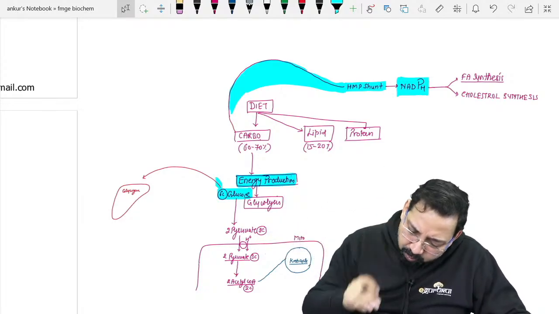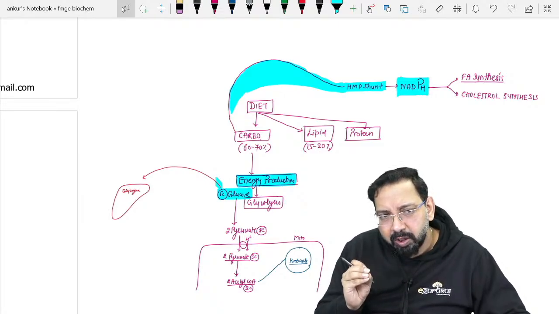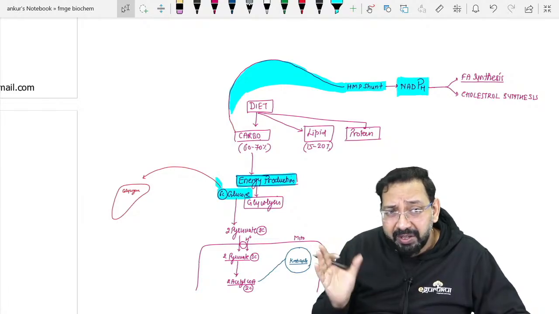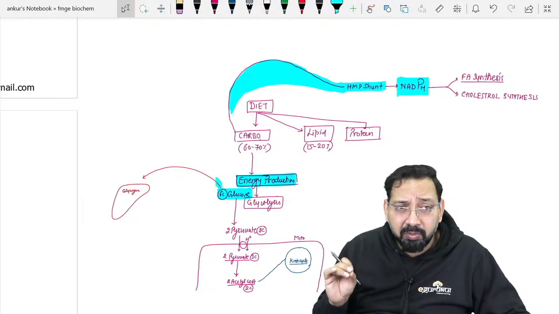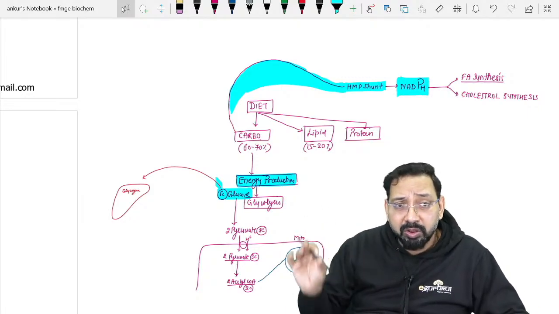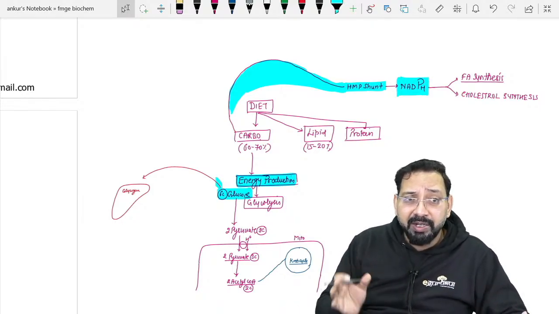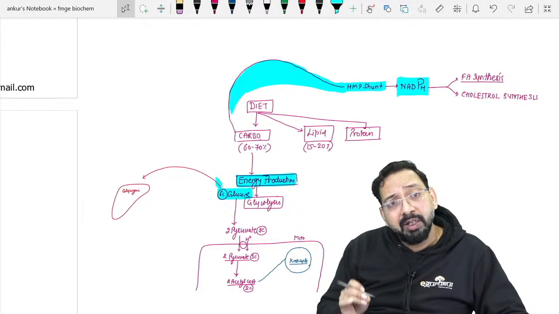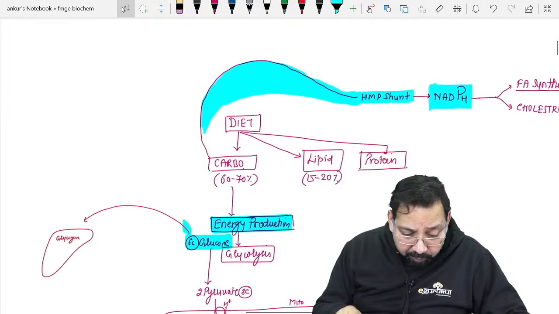When we have so much carbohydrate, we should convert some amount of carbohydrate to fat, so that in future when there is no food, this fat will be degraded and used for energy production.